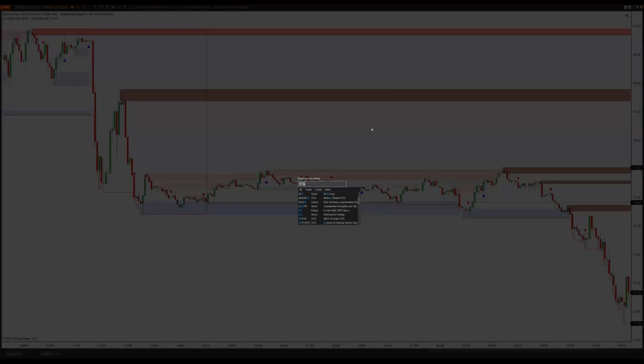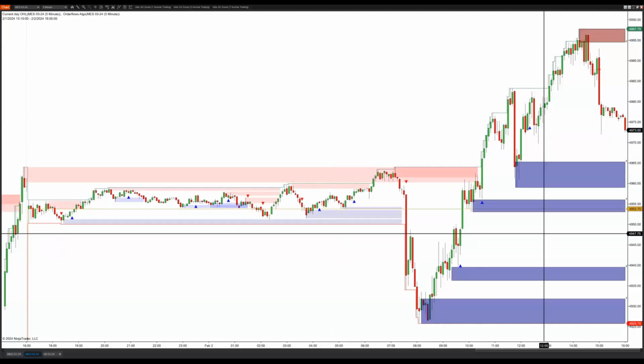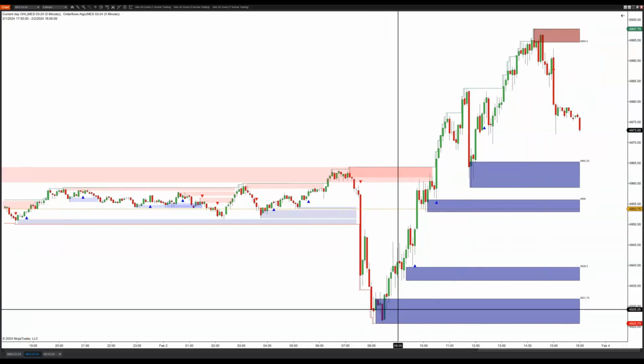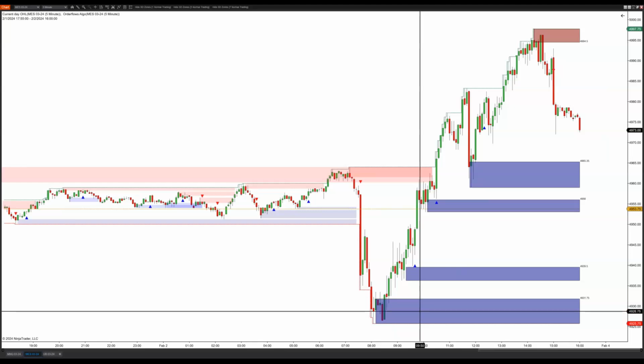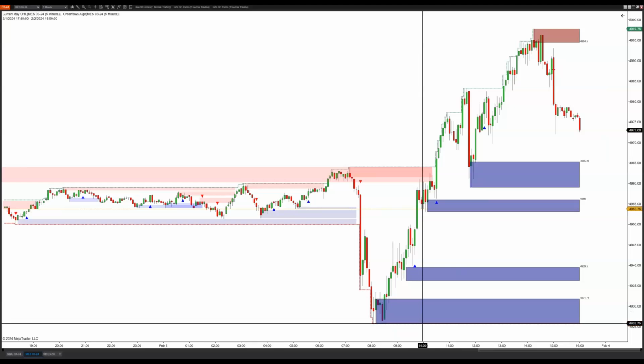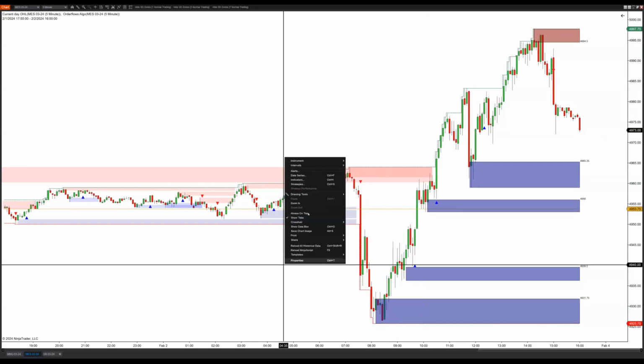So let's just go back to MES, because I know I got a lot of MES guys in here. So you can see here, here's a strong zone from 91 3/4 down to 25 3/4.